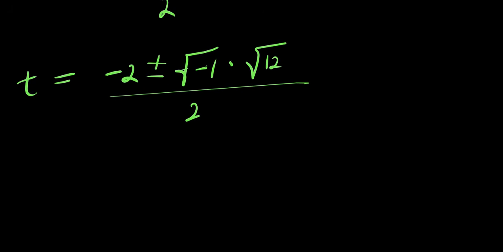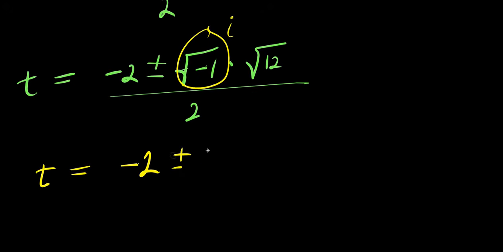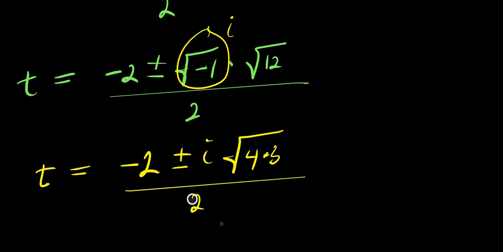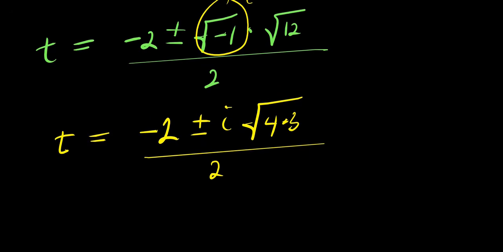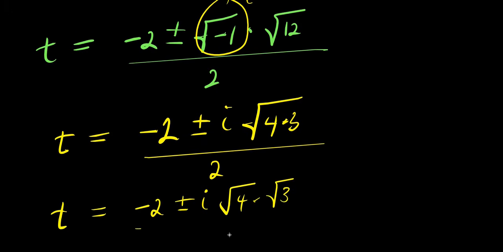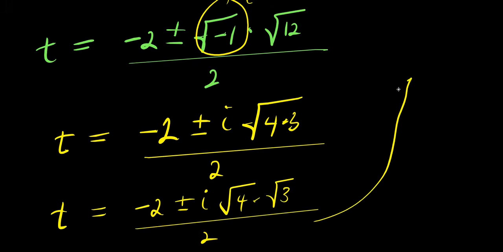So from here, this is i. We have t equals negative 2 plus or minus i times square root of 12, this is 4 times 3, divided by 2. So from here, we have t equals negative 2 plus or minus i times square root of 4 times square root of 3, divided by 2.